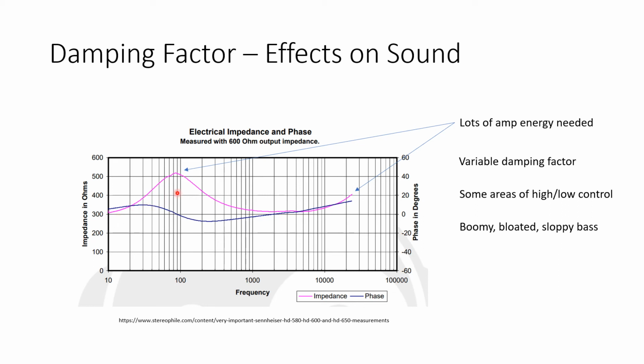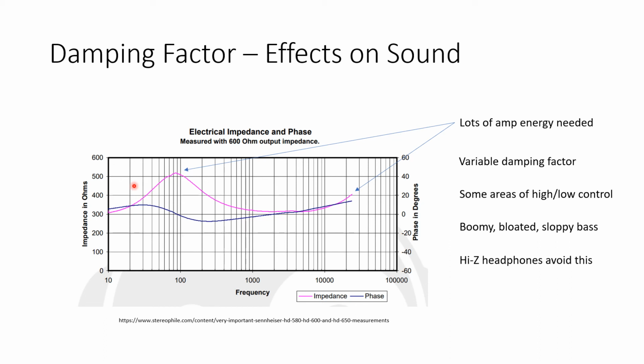Think like those subs that you put in the back of a car where all you care about is just boom and sheer output, like that kind of a sound almost down here. And then it gets less controlled in this region too. All right, and so what you might perceive here with these low damping factors is an increase in bass presence, but it's going to be muddy, sloppy, and just not very good pitch definition and that sort of thing.